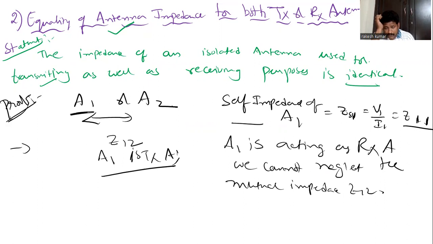So consider the load ZL connected to antenna A1 used as receiving antenna. Now you are using your antenna A1 as receiving antenna.